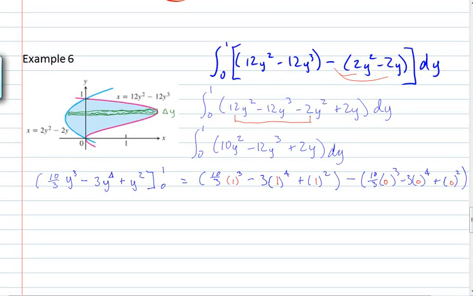Taking care of the arithmetic now, this is going to be 10 thirds minus 3 plus 1. So 10 thirds minus 3 plus 1 gives us minus 2. So that's minus 6 thirds because that's 2. We have common denominators we need to get. Minus, and then we get a 0 here because each one of these terms is a multiple of 0. So 10 thirds minus 6 thirds is 4 thirds, and that's our final answer.